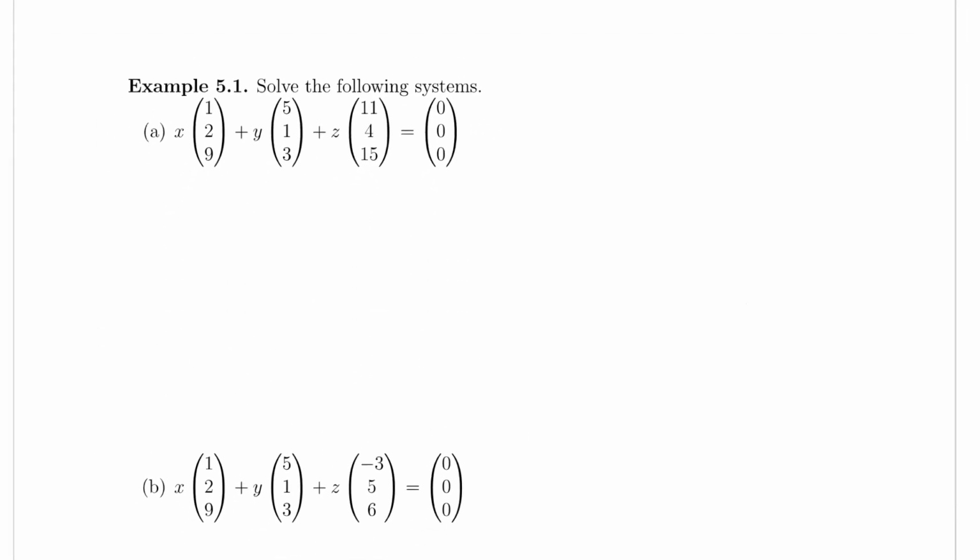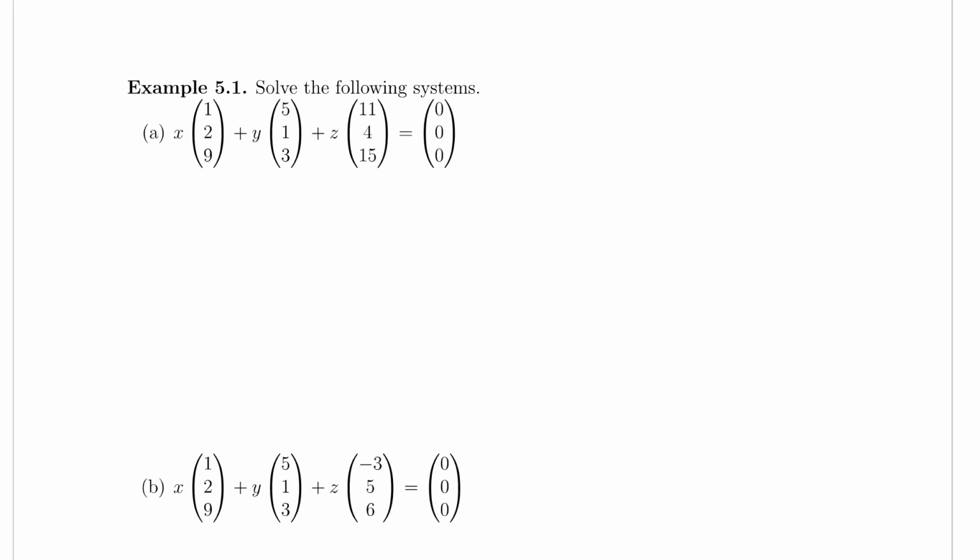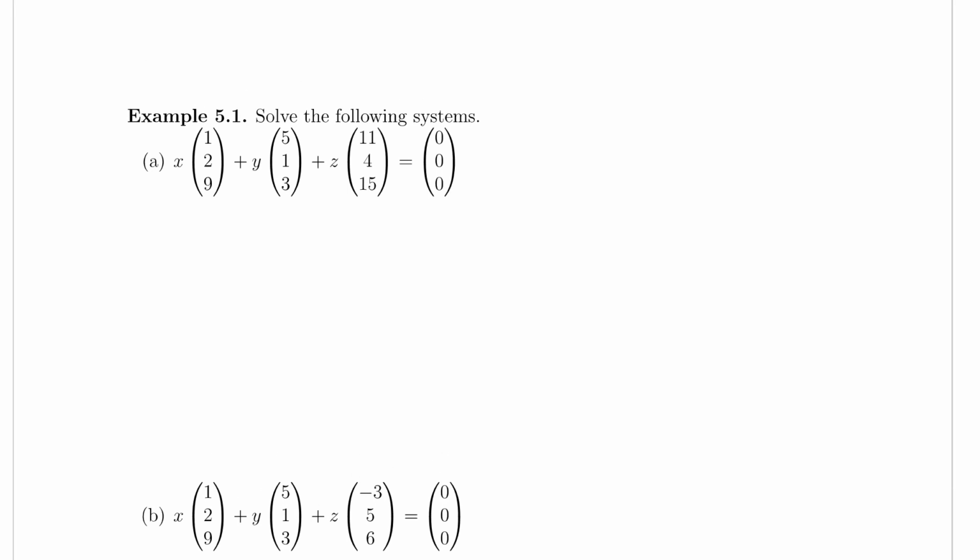I'd like to solve the following systems. Notice that I recycled these numbers from example 4.3 in the last lecture. In the last lecture, we saw that 11, 4, 15 is a linear combination of the two vectors 1, 2, 9 and 5, 1, 3.